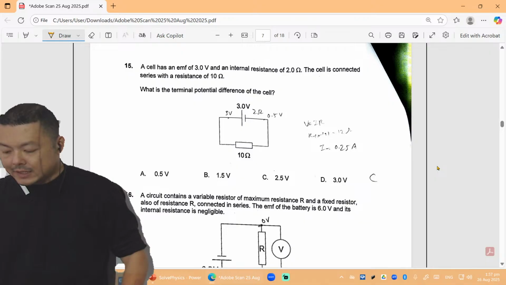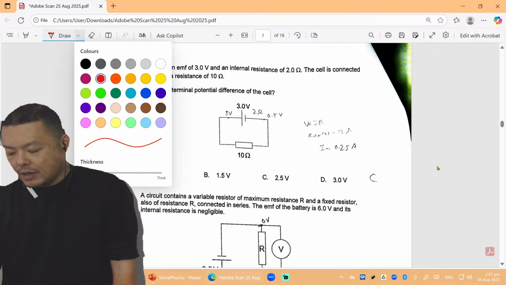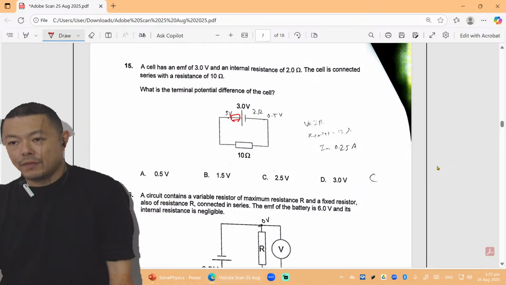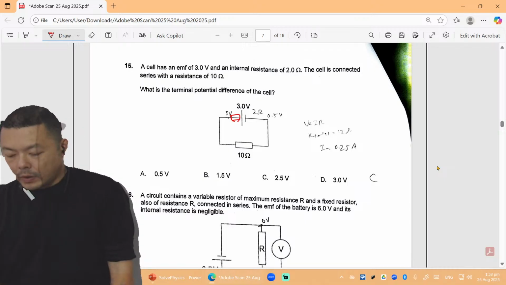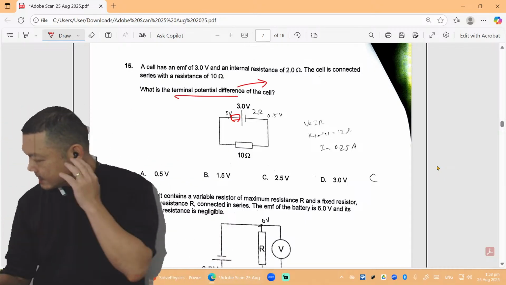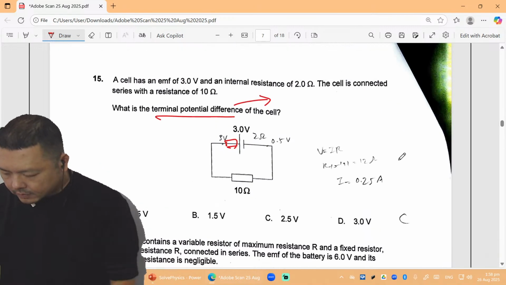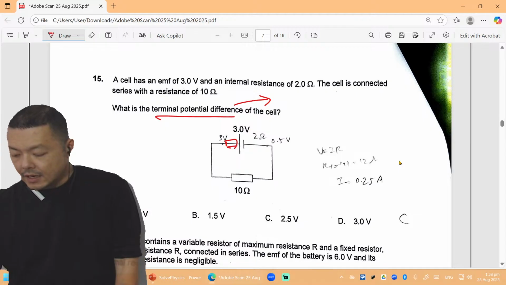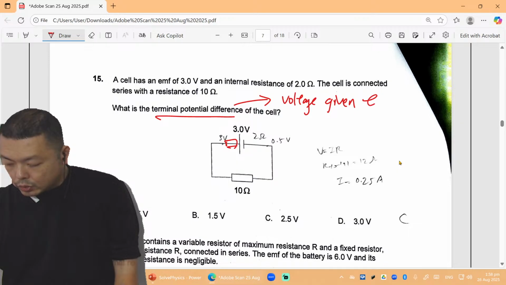Okay. What's the TPD of the cell? Wow. Did I do a revision for B5? Oh man, okay. Well, what's our layman's understanding of TPD? It is the voltage given to all external resistors, right?